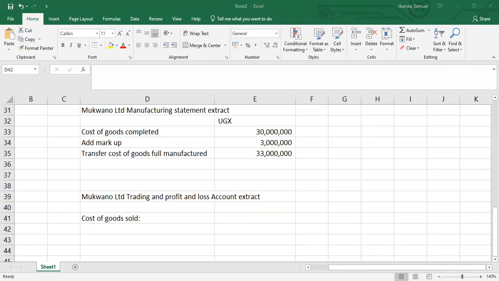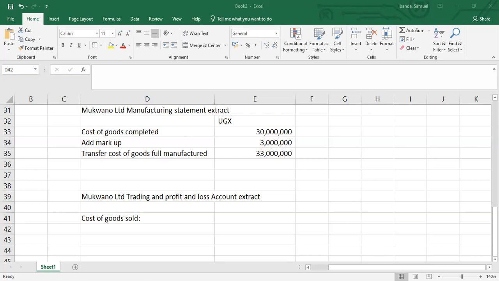And remember that it in its own has the opening stock, and then it has the cost of goods fully manufactured, but at this time we are transferring it at a higher value.